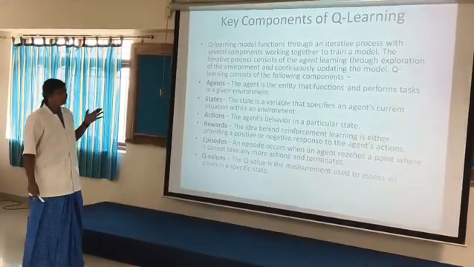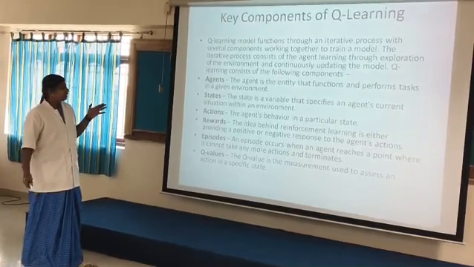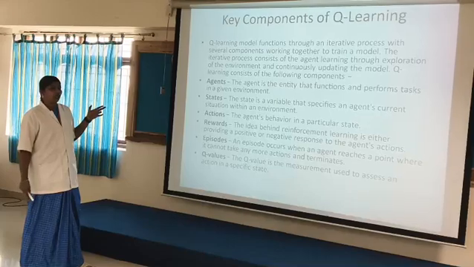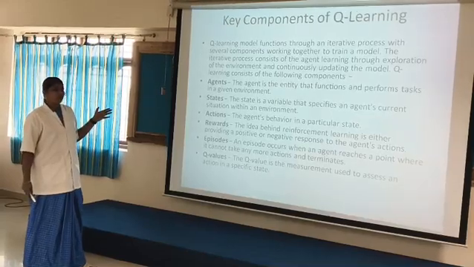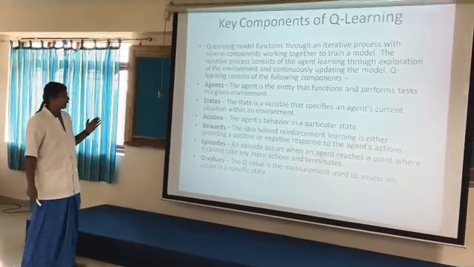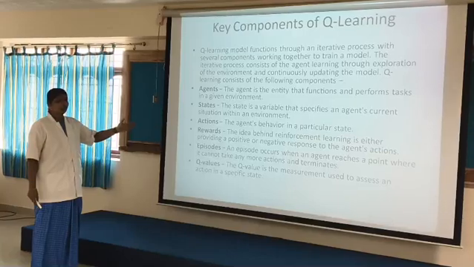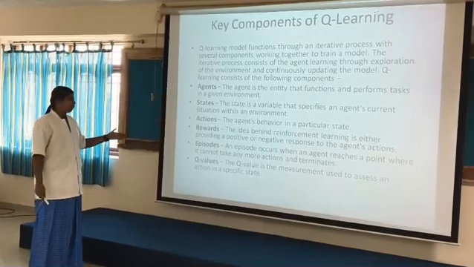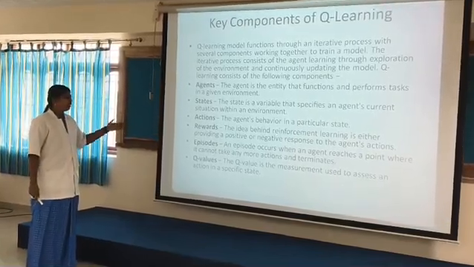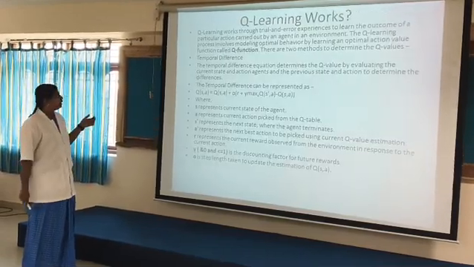States is a variable that specifies the agent's current situation within the environment, and actions are the agent's behavior in a particular state. Rewards are the positive or negative response to an agent's action. Episodes and Q values will be taken into account in the next process.